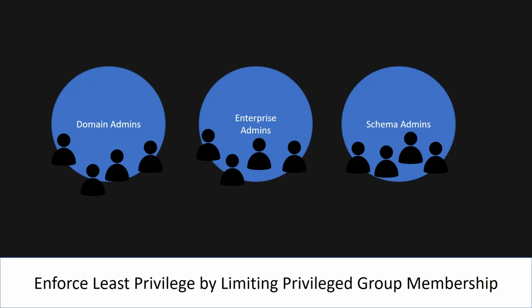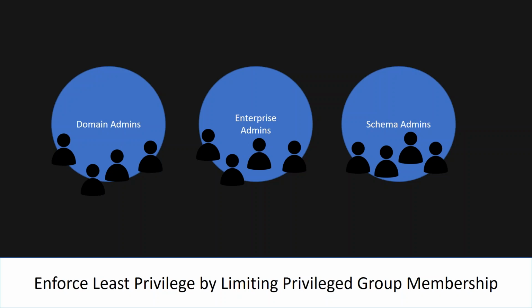And I'll talk about that in a little bit. But the problem is that there are so many user accounts in these groups that it really exposes your Active Directory to any kind of change at any time, whether it be on purpose, accidentally, or by a malicious user. You can't really have any control over your environment if these groups are populated.